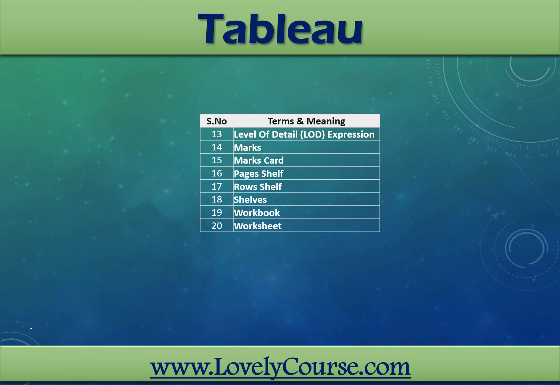Number 19, workbook. A file with a .twb extension that contains one or more worksheets, and possibly also dashboards and stories. Number 20, worksheet. A sheet where you build views of your data by dragging fields onto shelves.